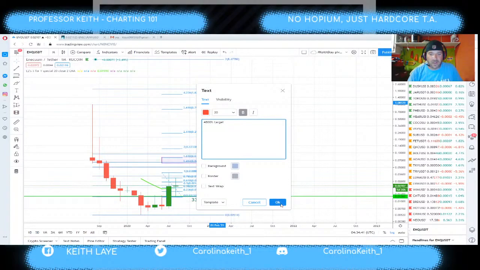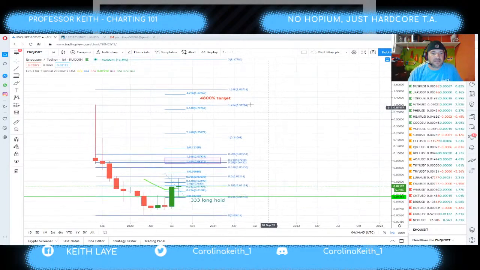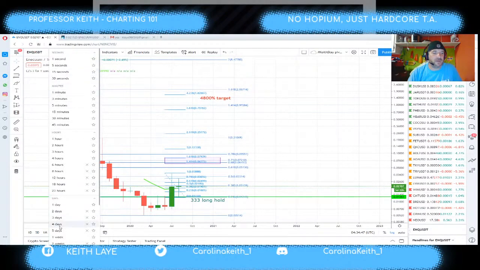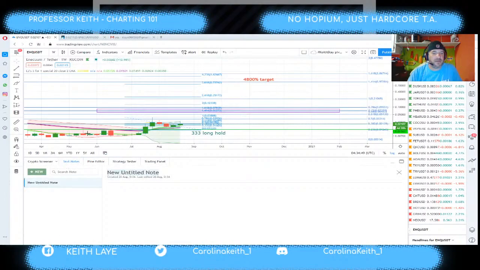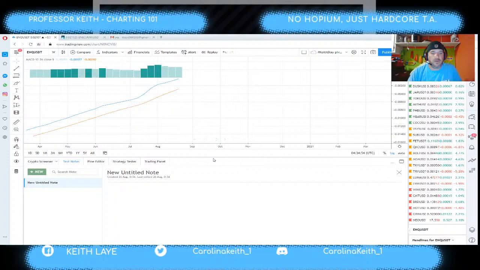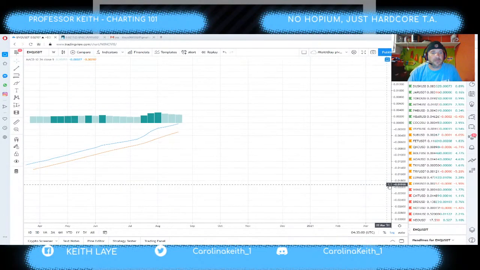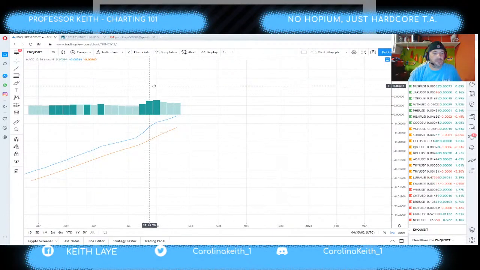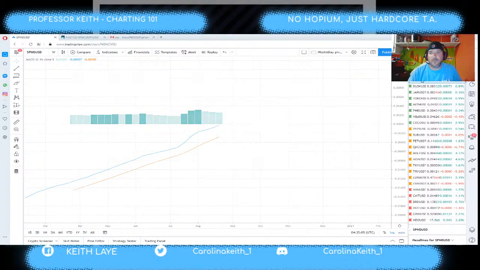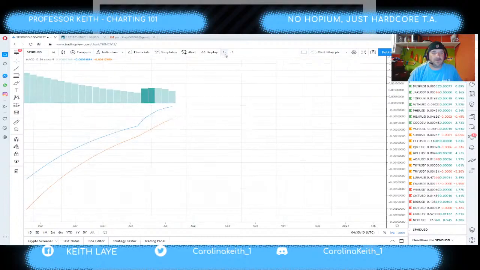This is the way I chart every single coin. I don't know why it didn't save for me, and that's fine. I'll just redo it live for everybody so you can see how we do it. I didn't click on this. I didn't click on that either. What the hell happened? I hit the back button a bunch.